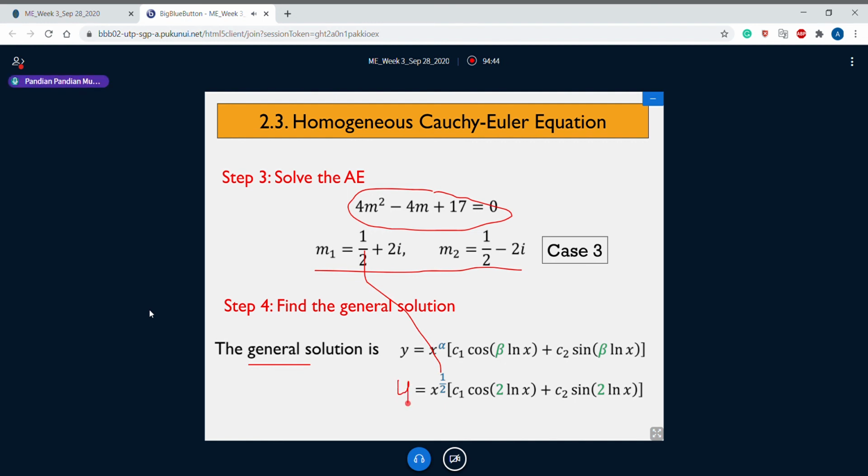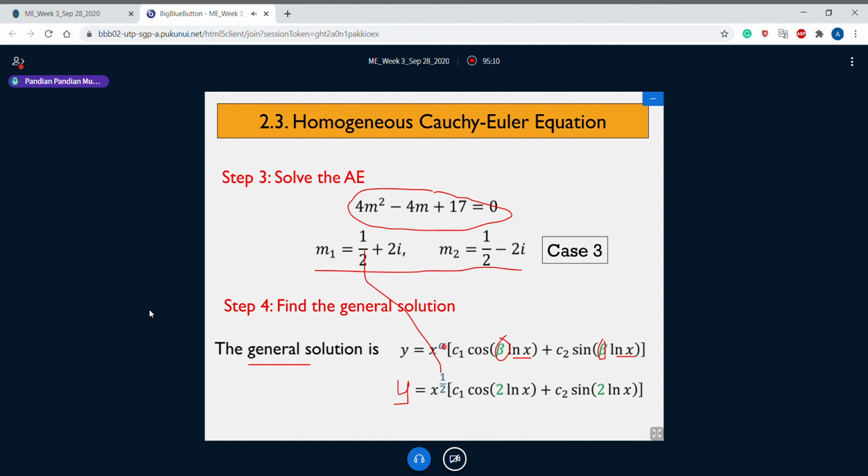This is your y. This one you must write because we want to remember this. y equals x power alpha in the bracket C1 cos beta ln x together, because ln x is fixed, plus C2 sin beta ln x. ln x is fixed, it's already in the general form.